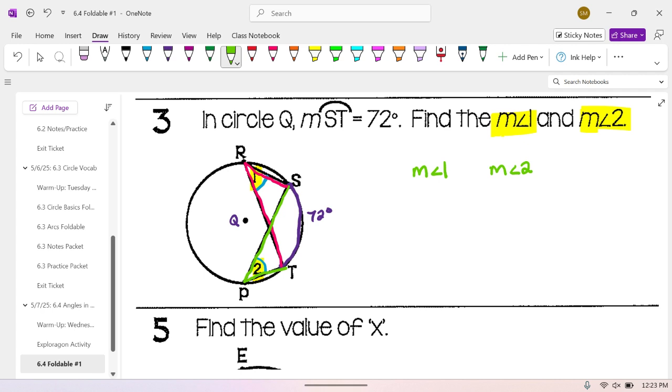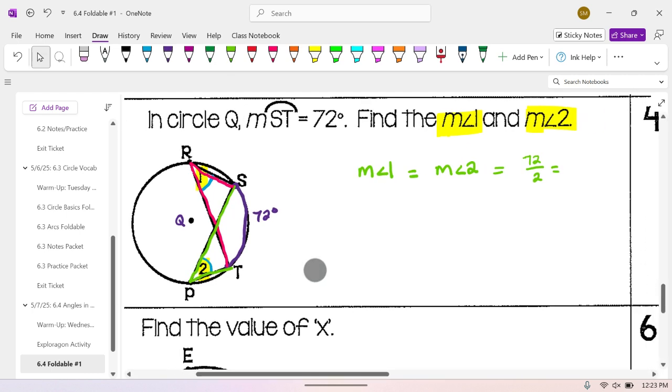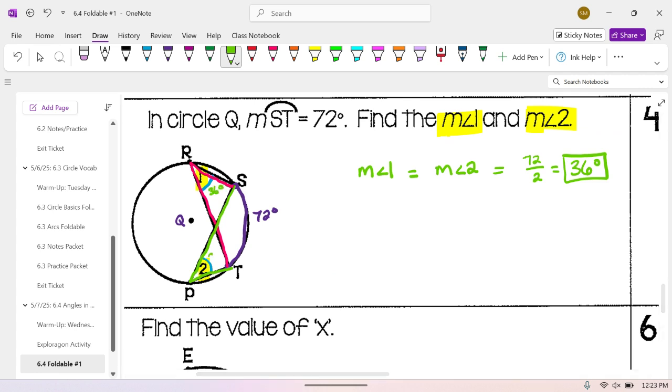They're congruent, so they're equal to each other. Thus, how do I find what they're equal to? I have an intercepted arc and I'm trying to find an inscribed angle. So I divide it by 2. So I do 72 divided by 2, which would equal what? 36 degrees. So that's the measure of both of these angles.